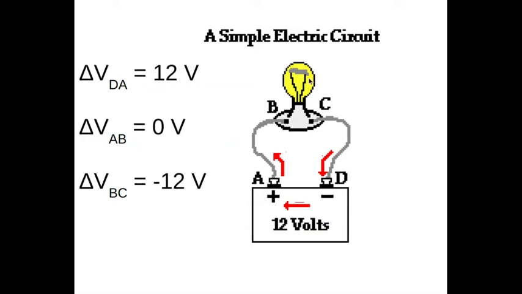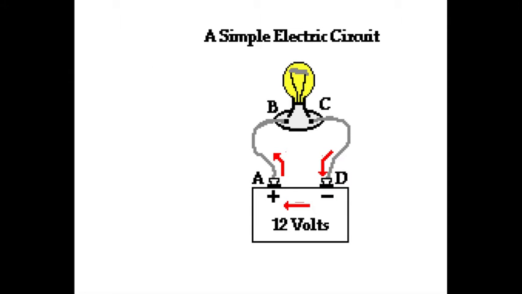We took that electric energy and we used it up to convert it into heat and light. So that's what the negative is there, a drop of 12 volts as we go through the light bulb from B to C. And then as we come back from C to D, that wire doesn't use up any energy at all, so it doesn't use up any voltage at all, is how we could look at this.